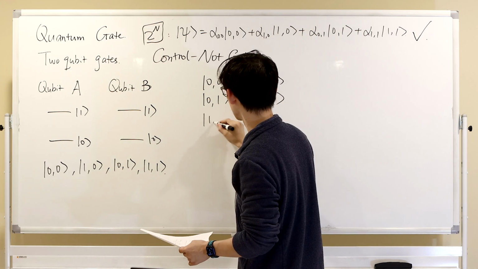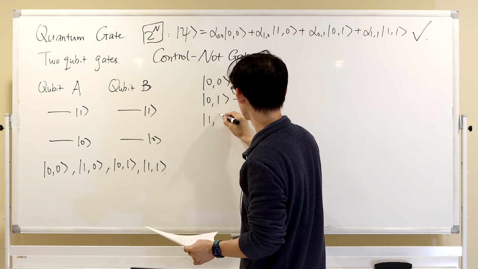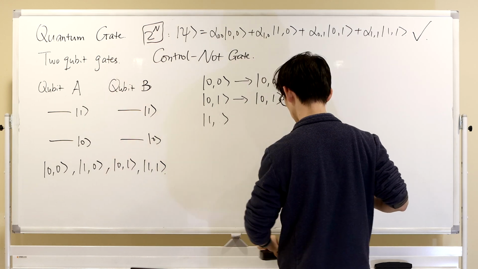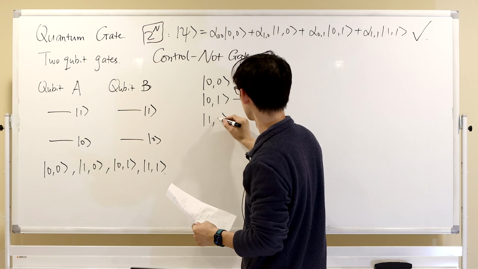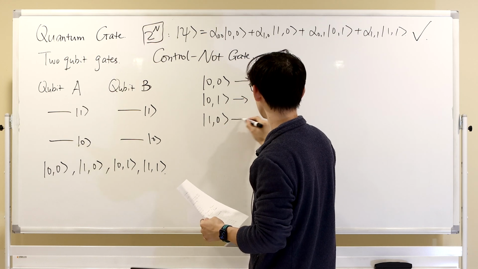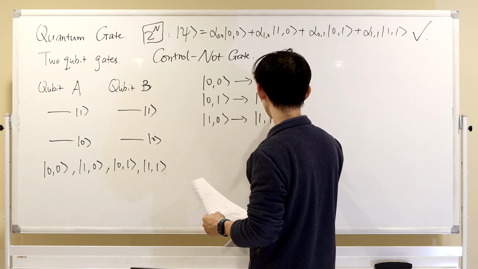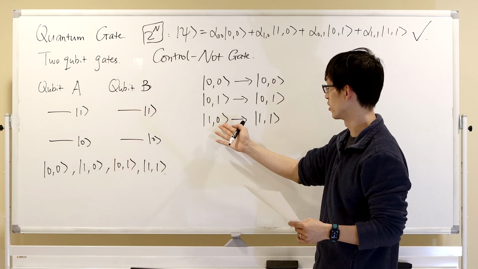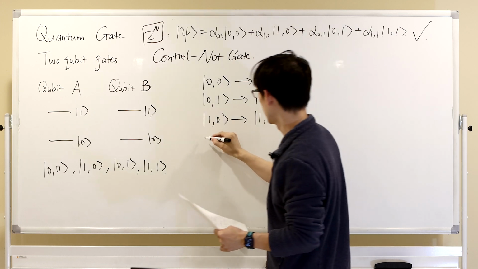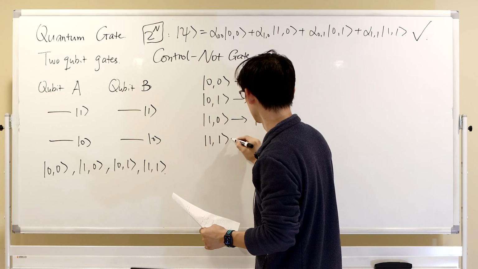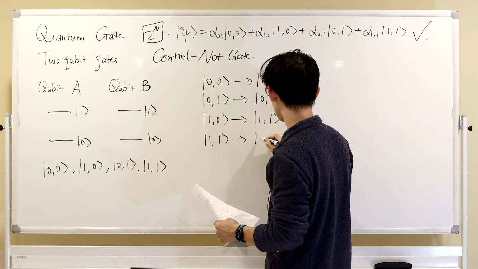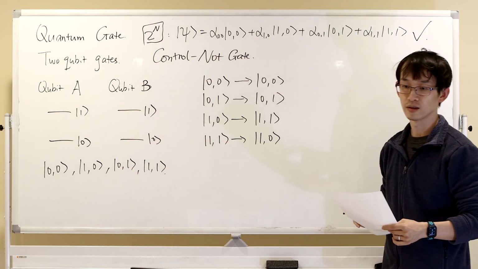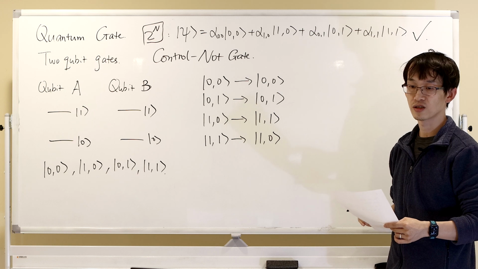If your control qubit is 1, then you do a NOT gate on the second qubit. So 1, 0 becomes 1, 1, changing 0 to 1, and 1, 1 goes to 1, 0. This is the definition of the control NOT gate.